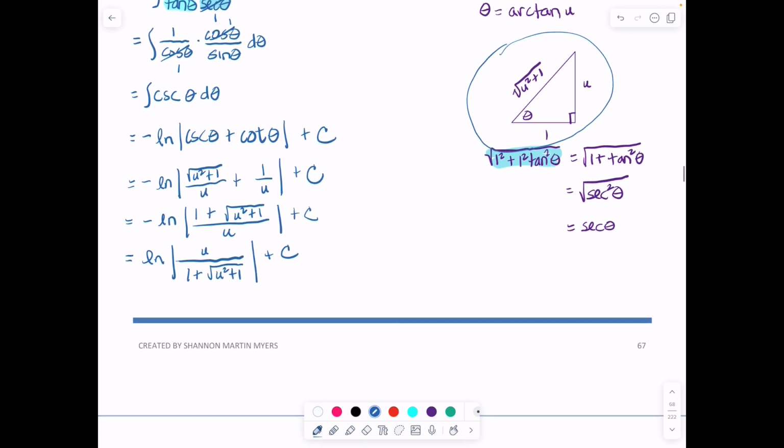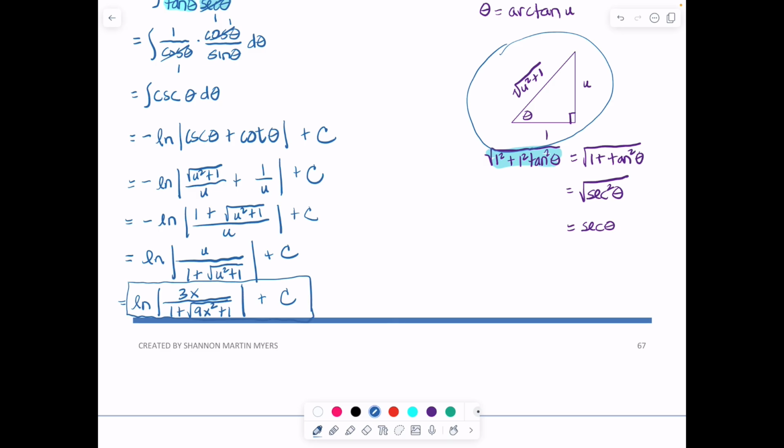So plugging in, we will have natural log absolute 3x over 1 plus the square root of 9x squared, that's 3x the quantity squared, plus 1, plus our constant of integration. Cool, cool?